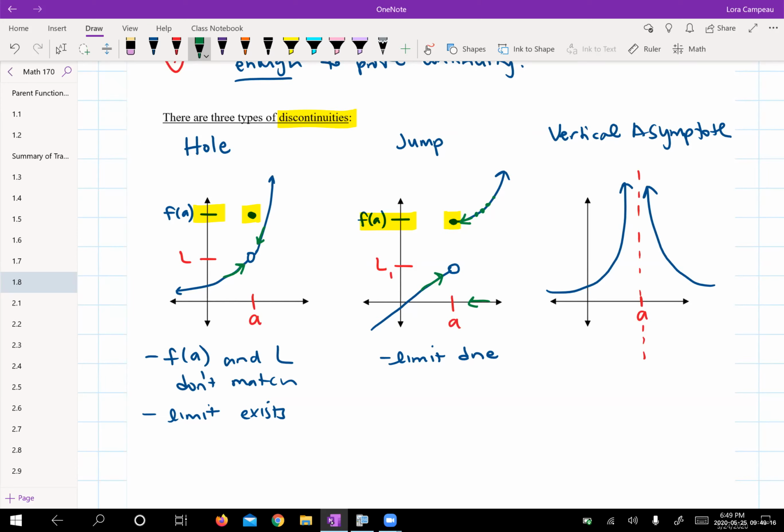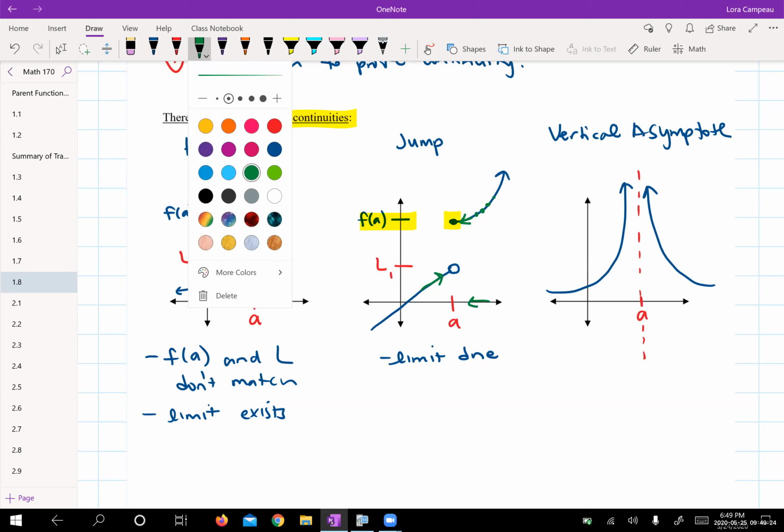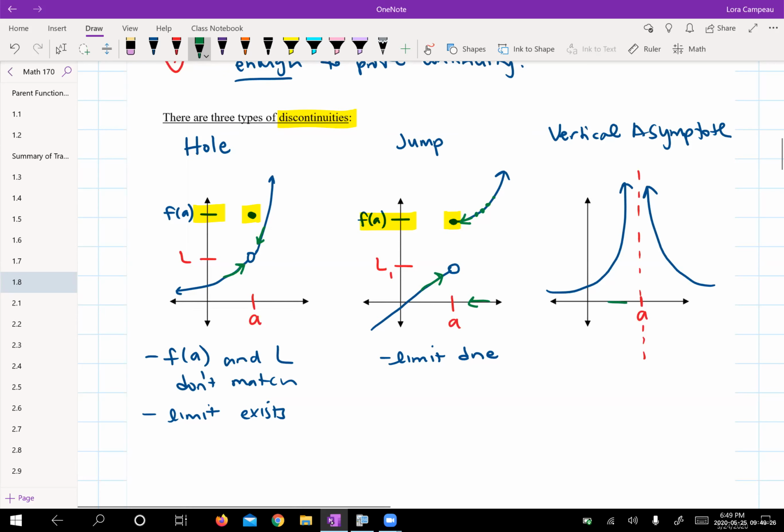So we can already know right away it's not continuous. But if you want to speak about this in terms of limits, if you were approaching a from the left-hand side, your y values seem to be rising higher and higher. It looks like they're approaching infinity.